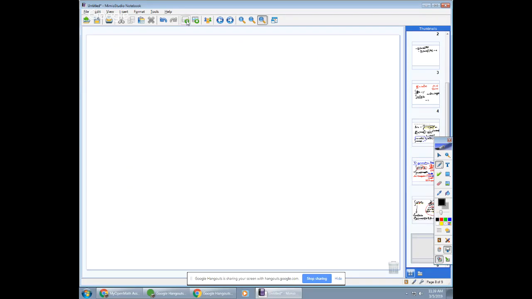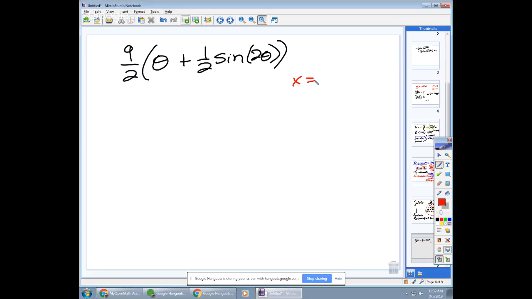So right now we've got the antiderivative of 9/2 times theta plus 1/2 sine of 2 theta. And our main substitution is that x is equal to 3 sine of theta, from our triangle.